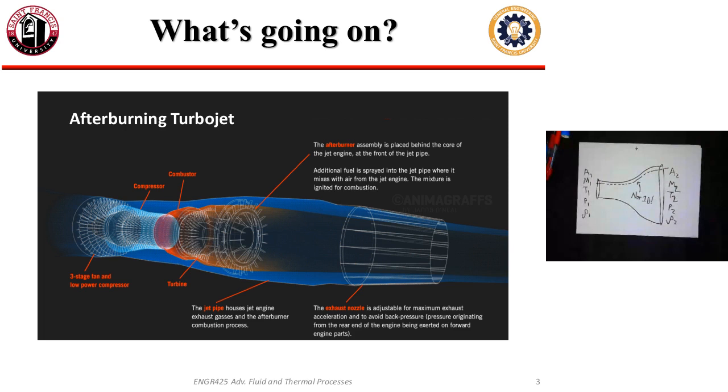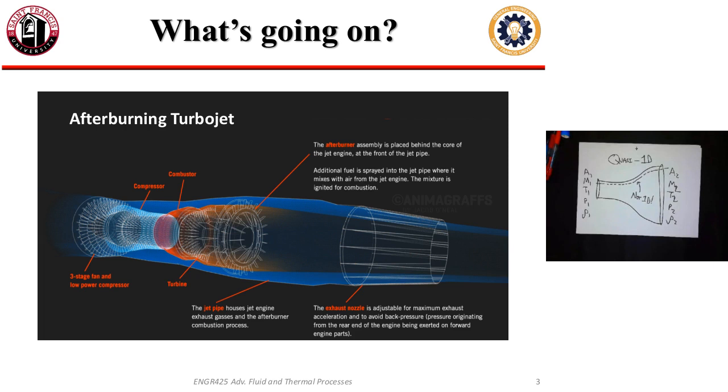However, what we're going to do here is assume quasi 1D flow, because it helps our analysis. So, what's quasi 1D flow? We've seen this before when we looked at helicopter aerodynamics briefly, right?